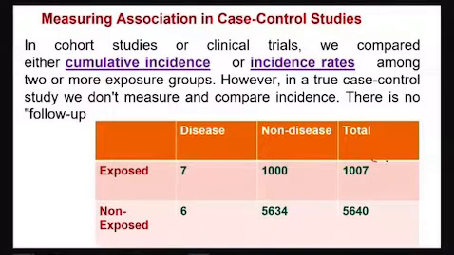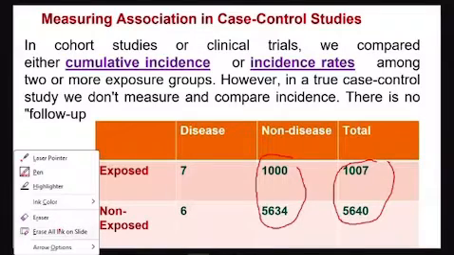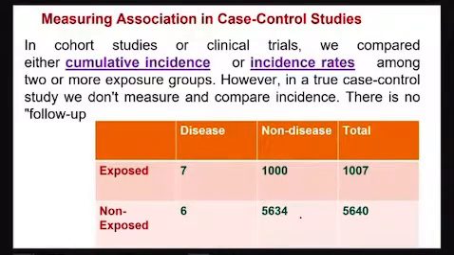When you add that up, that's 6,647. And we got information about the totality of those who do not have the disease. You can see 1,000 are exposed, but they do not have the disease. If you take a look at the section, those who do not have the disease but are exposed, and those who are not exposed and do not have the disease. You can see that, right?